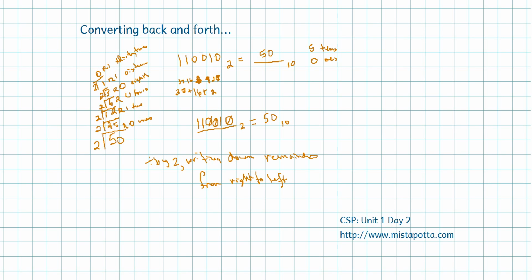Now the reason that humans don't use this that often is because these binary numbers are very long. Keep in mind, last time when we were talking about a number like 255, this only takes 3 digits in base 10, but it actually takes 8 digits in binary.